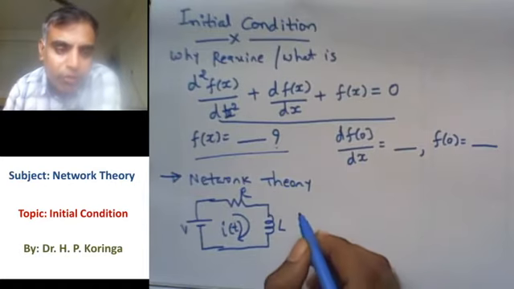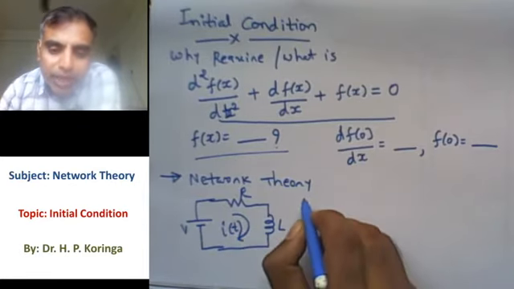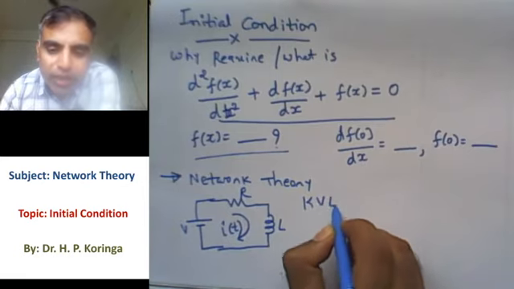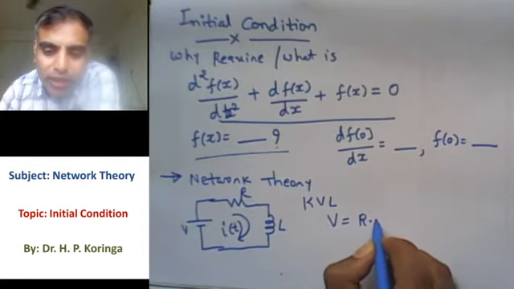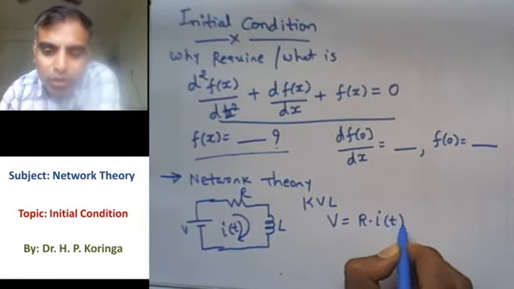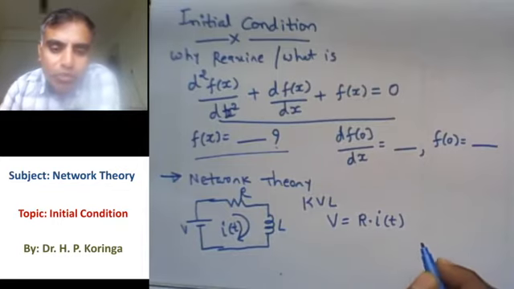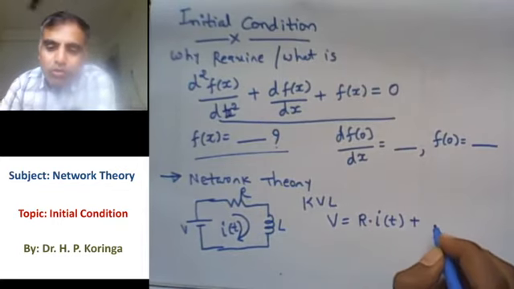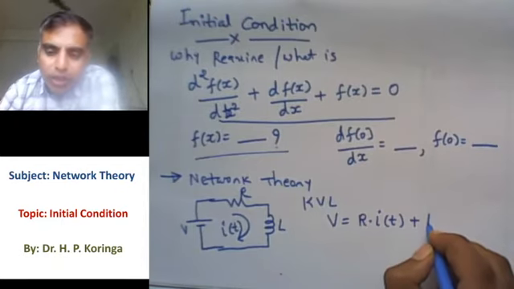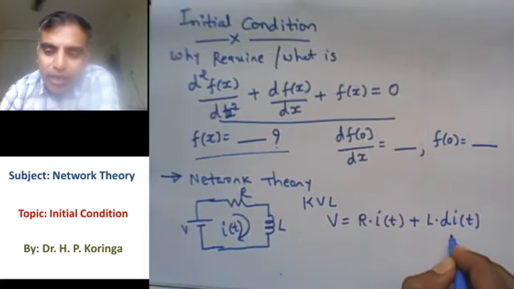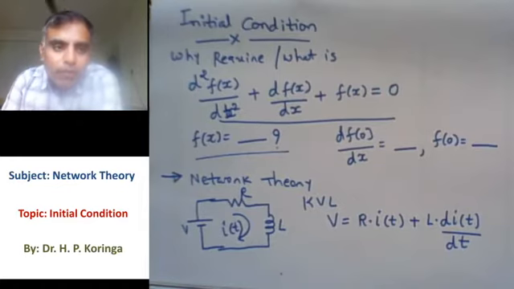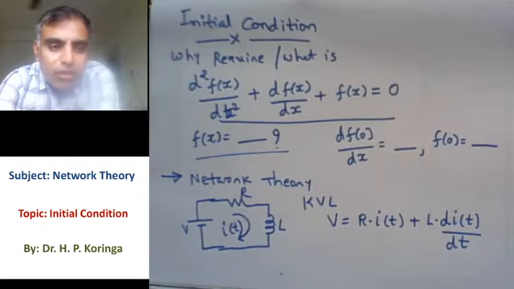If we apply KVL in this loop, V is equal to the voltage across R, which according to Ohm's law is R into I of t, plus the voltage across L, which is L di by dt, L multiplied by the rate of change of current through it. So this forms a first order differential equation.